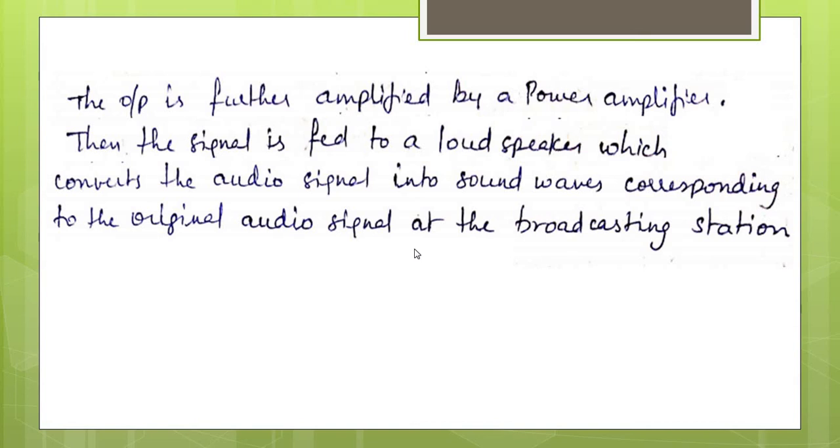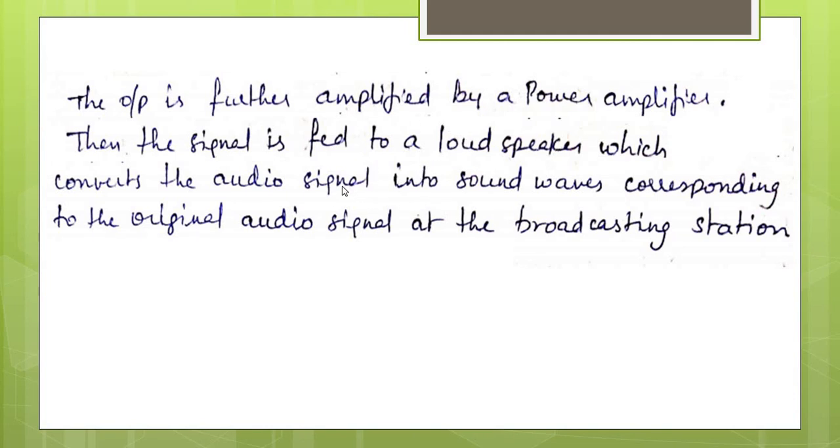So these are all the blocks in the super heterodyne receiver. We started with the RF amplifier stage, then we have the mixer, the local oscillator, the IF amplifier stage, then the detector to extract the desired message signal, then we have the audio frequency amplifier and the power amplifier, which increase the amplitude of the low message signal to a desired form.